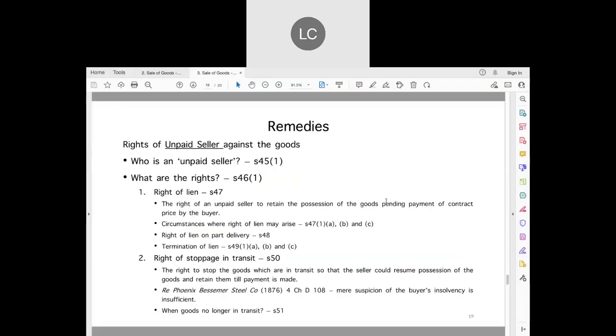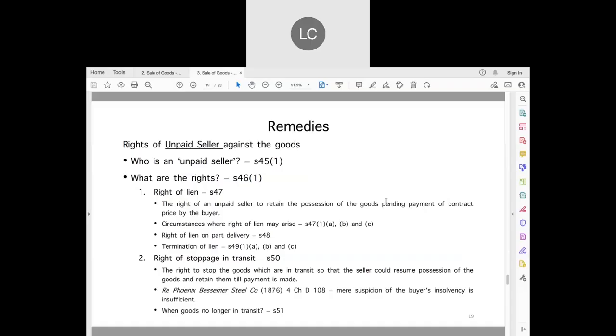So the right of stoppage under section 50 can be exercised by the seller when the buyer becomes insolvent and the goods are still in the control of a carrier. Okay, but you have to be careful that in the case of Refinix, it has been stated that mere suspicion of the buyer's insolvency is insufficient.